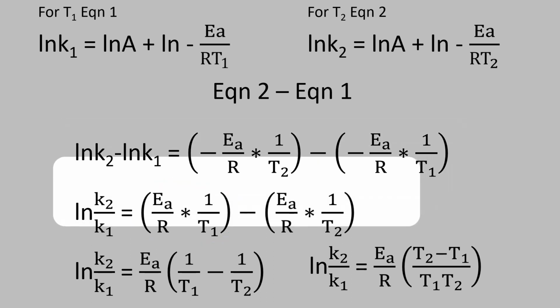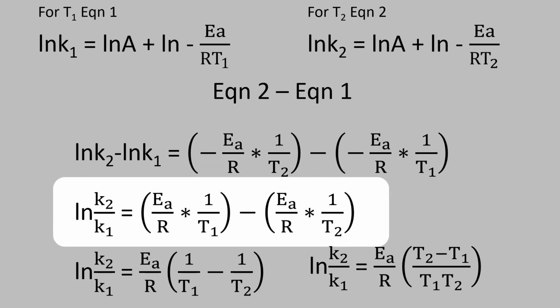We are going to rearrange the equation. On the right side, Ea/R times 1/T1 has a negative sign, and outside the bracket there is a negative sign again. So that makes the term a positive term. So I'm going to rearrange it and write Ea/R times 1/T1, the positive term, minus Ea/R times 1/T2.